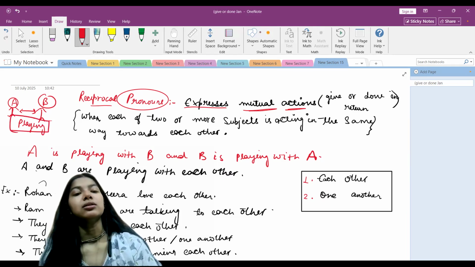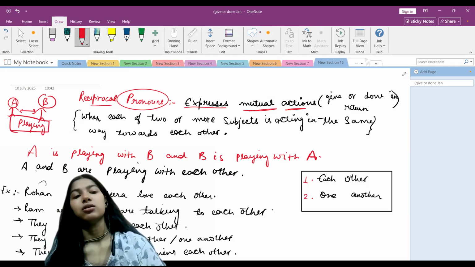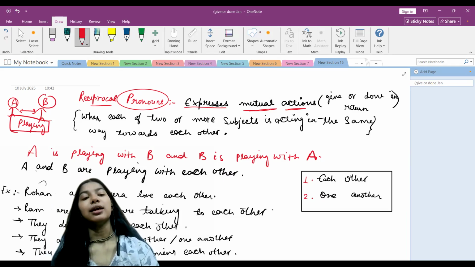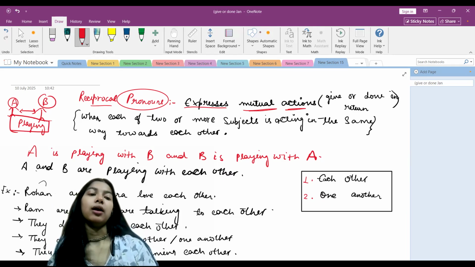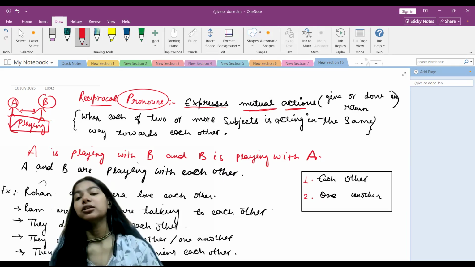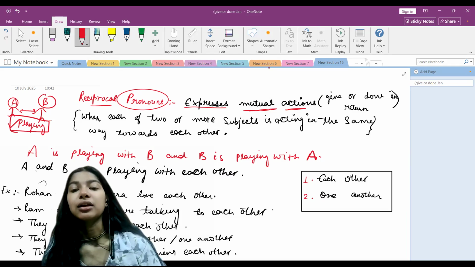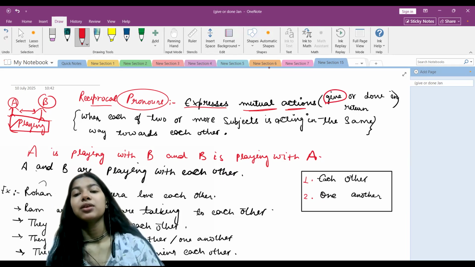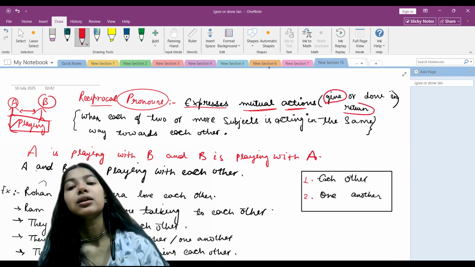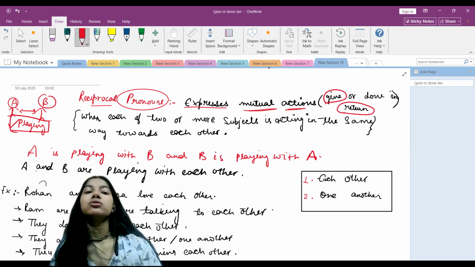The action they are doing with each other, the reciprocal pronoun expresses this mutual action between these two persons, either in giving something, or if someone is doing something in return for us, we use the reciprocal pronoun.